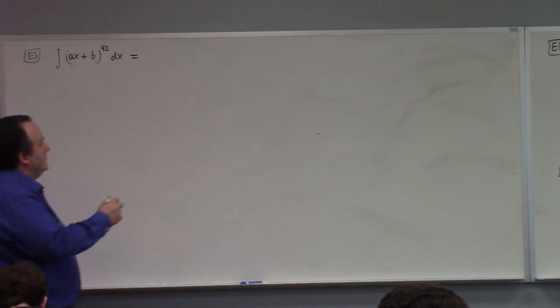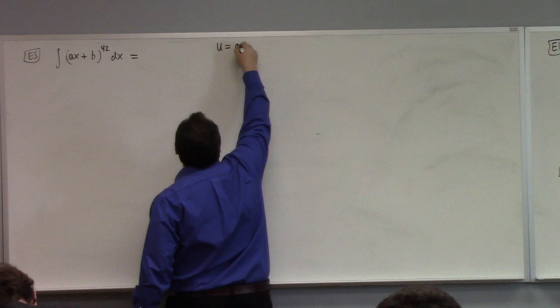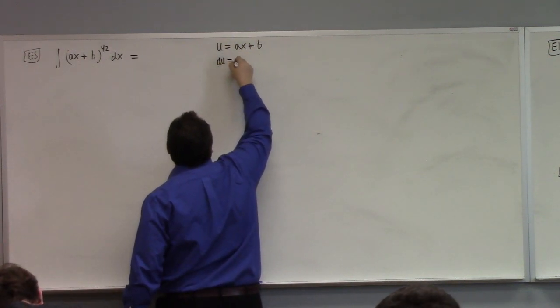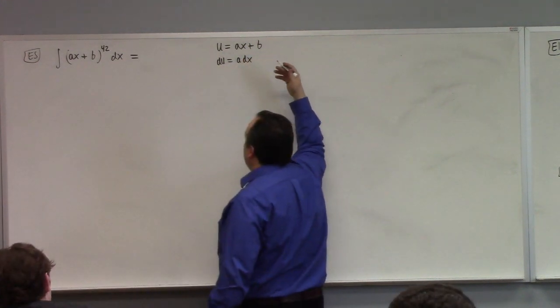All right, yeah. Sounds like a good idea. Let's try it out. u equals ax plus b, then du is a dx. We're assuming a and b are constants here, right?